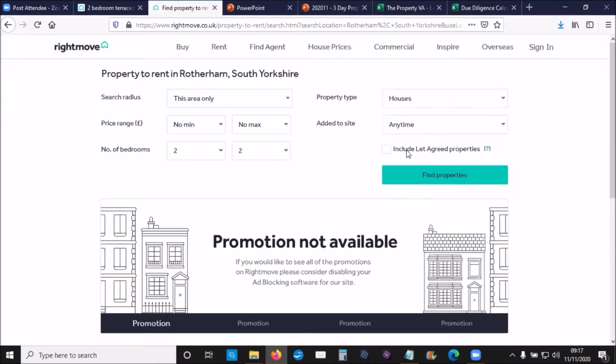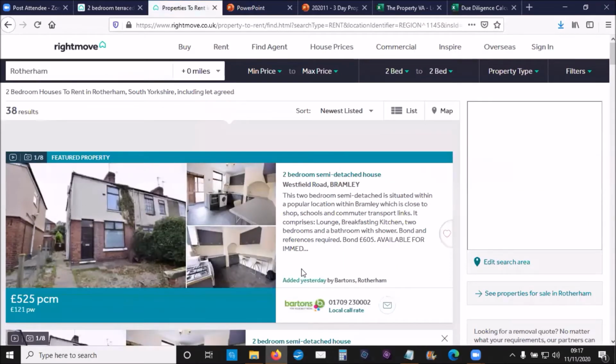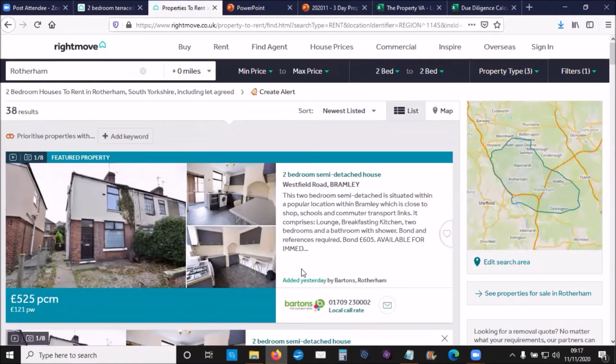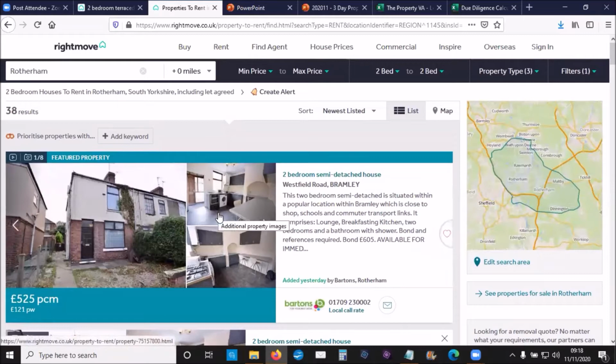Now it was a terrace house. I'm going to include, select houses in there. I'm going to include to let so I can see what properties have been let for. And I'm going to click on find properties. So we actually have here 38 search results. So that's a good number to be choosing from.